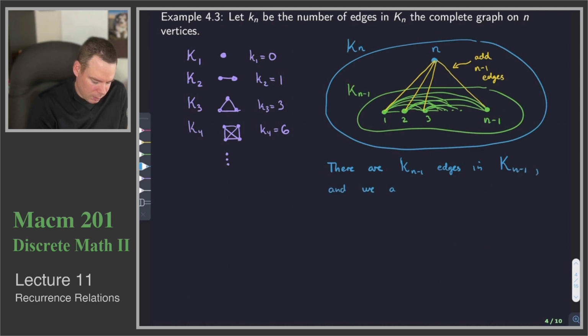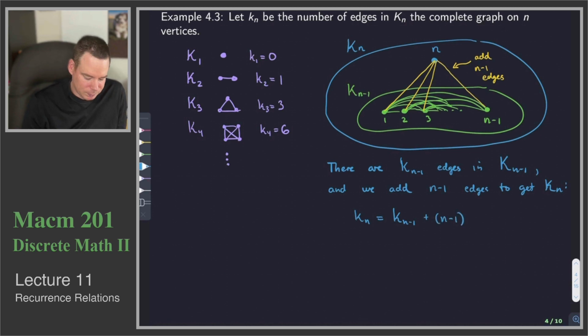And we add n minus 1 edges to get k sub n. So what that means is the number of edges in k sub n is the number of edges in k sub n minus 1 plus the n minus 1 edges we've just added.